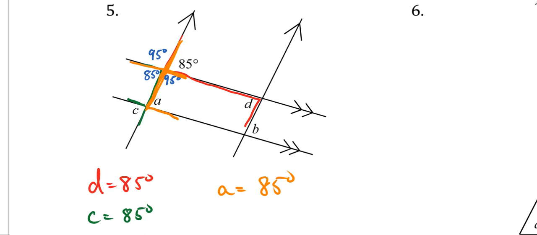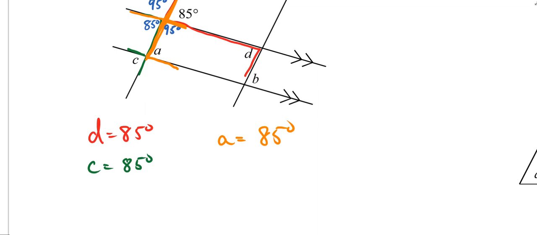Anybody see how we can do B even if you didn't do it before? Justin. Why do you think? What shape does it make? Okay, I'm going to stop you right there. I'm going to add in this 85 because it's hard where D is, because that's the only one that I know.